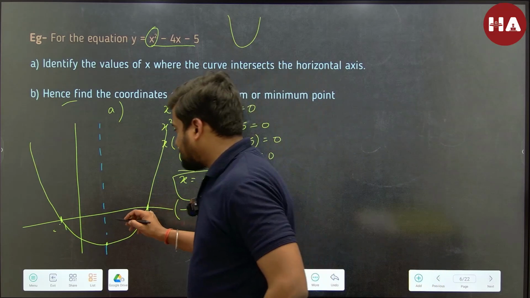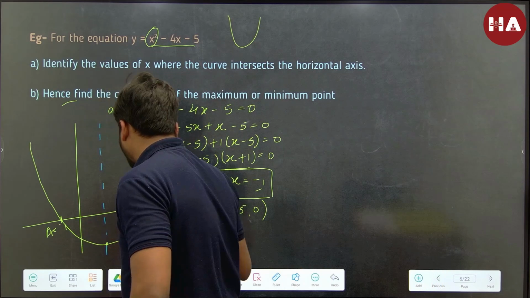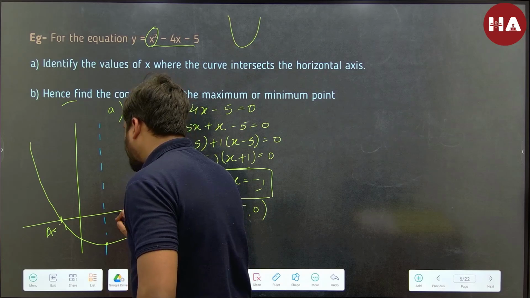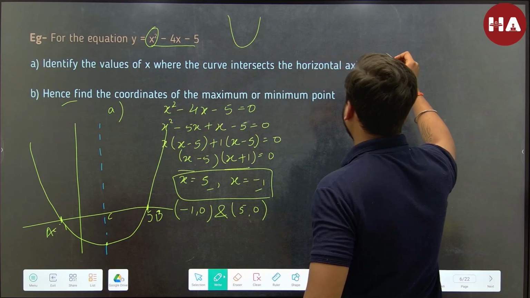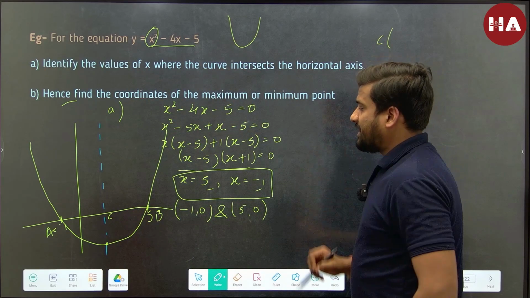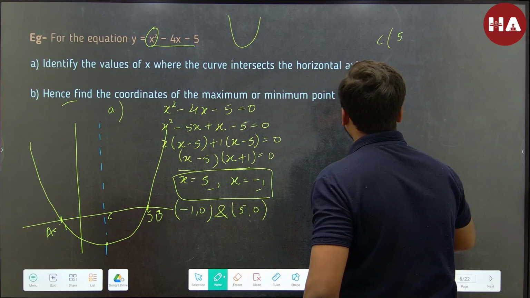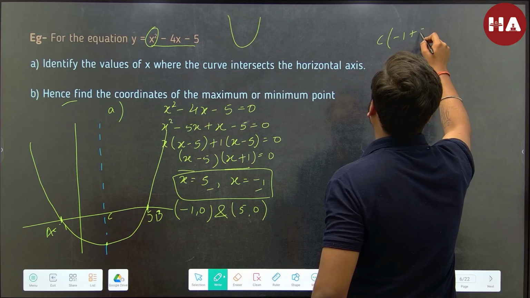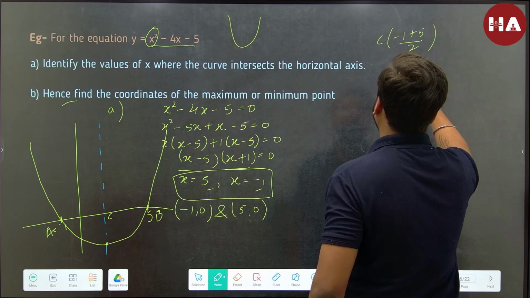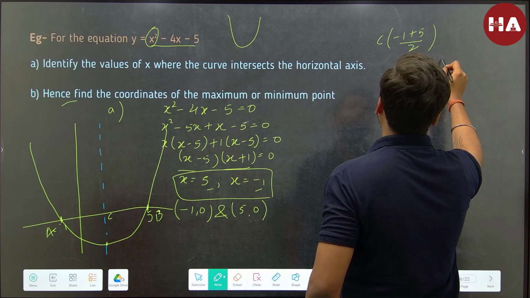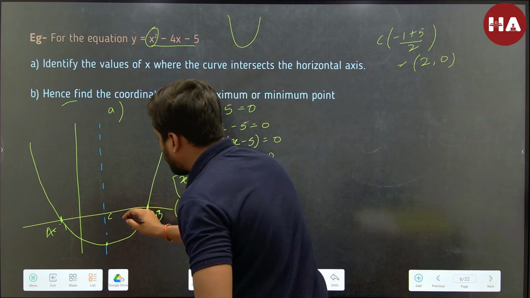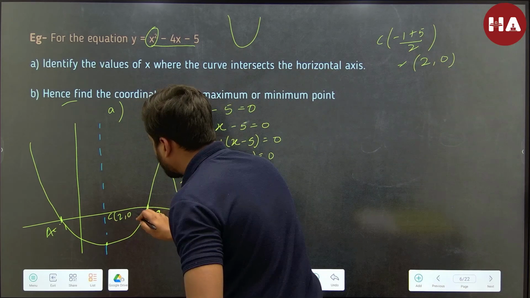Let's say this is point A, point B, and this is point C. So how to find the coordinates of point C? Let's find the midpoint of these two, that is minus 1 plus 5 over 2, that is 4 over 2, that is 2 comma 0. So the coordinates of C are 2 comma 0.